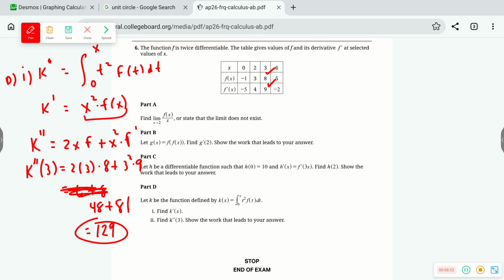Some of these videos have been edited many times to look perfect. But I think it's good to get the teachers in sort of a raw first attempt. This is valuable. And I'm just glancing at this as I talk. 129. That looks right to me. If something's amiss, then I'll come back and fix it.